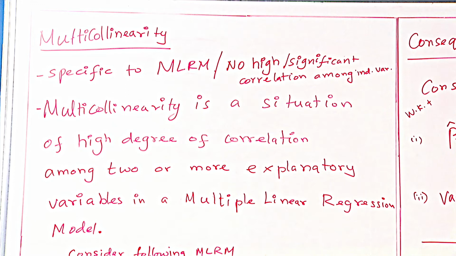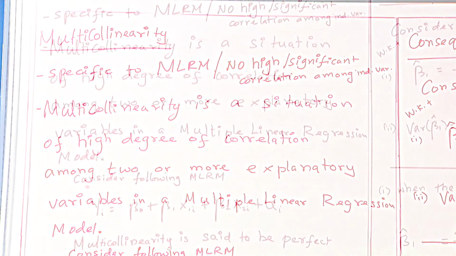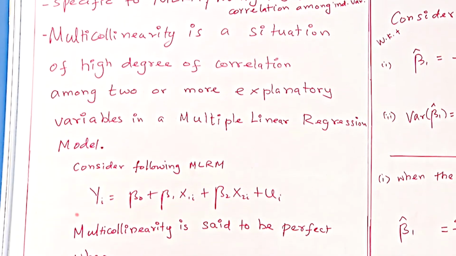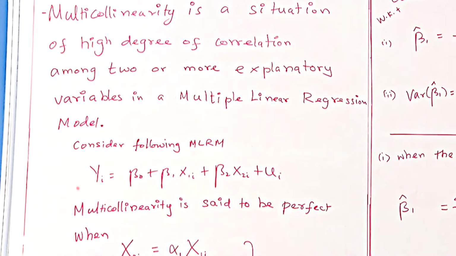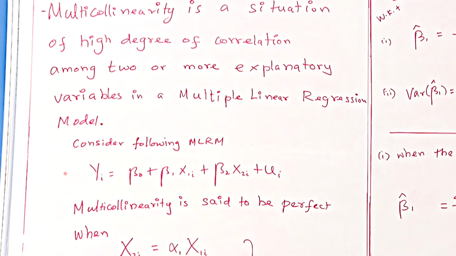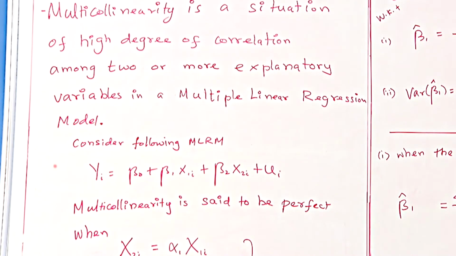Multicollinearity is a situation of high degree of correlation among two or more explanatory or independent variables in a multiple linear regression model. Consider the following MLRM: Yi is equal to beta 0 plus beta 1 x1i plus beta 2 x2i plus ui.